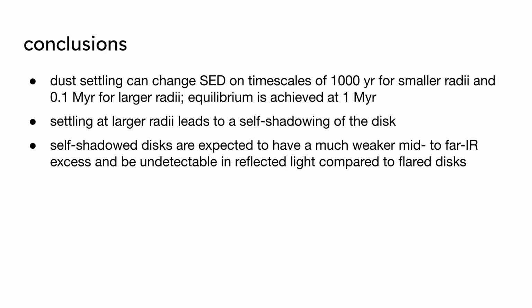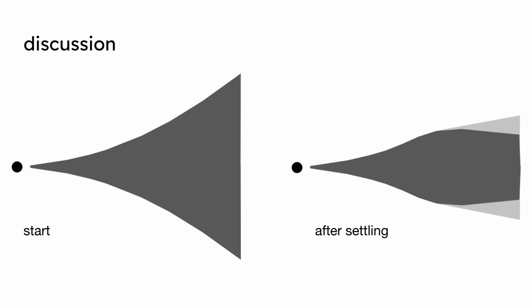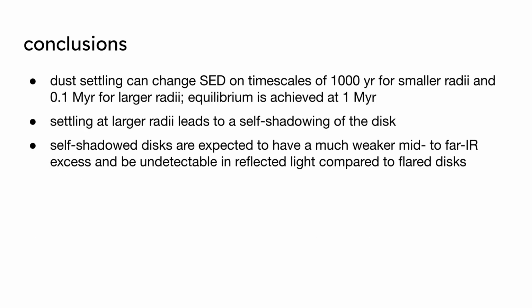Then settling at larger radii leads to a self-shadowing of the disk, like presented here. And these disks show a much weaker mid to far infrared excess in SED and are essentially undetectable in reflected light when we compare this to flared disks.